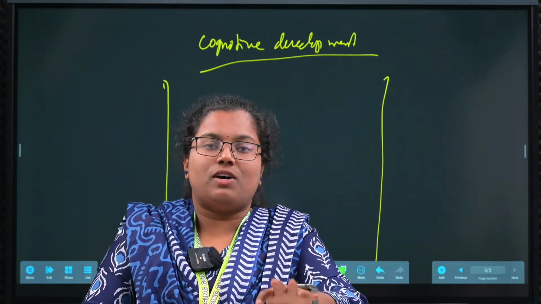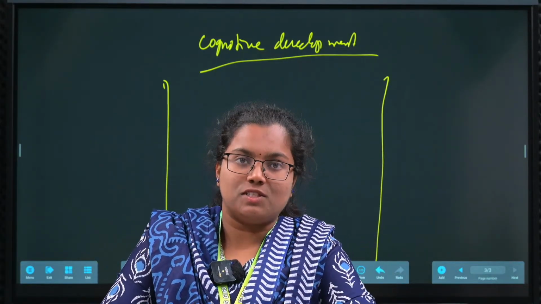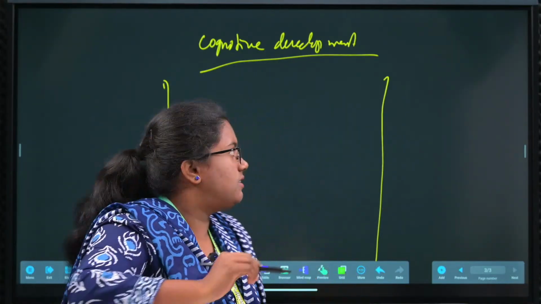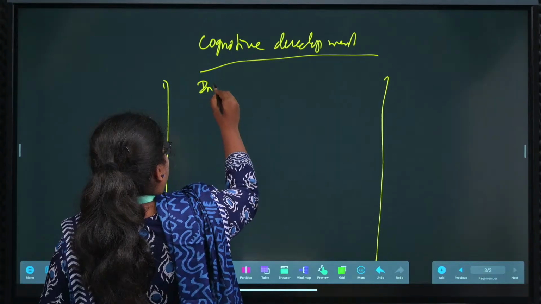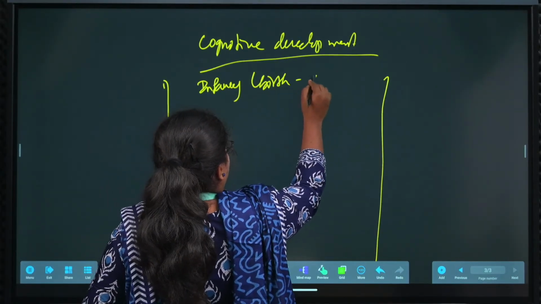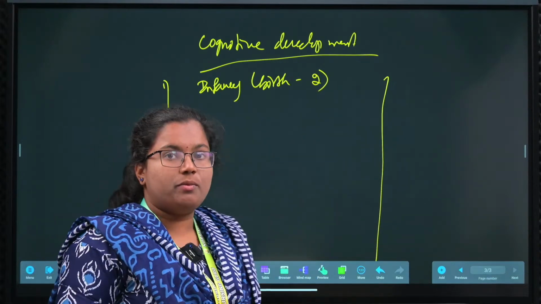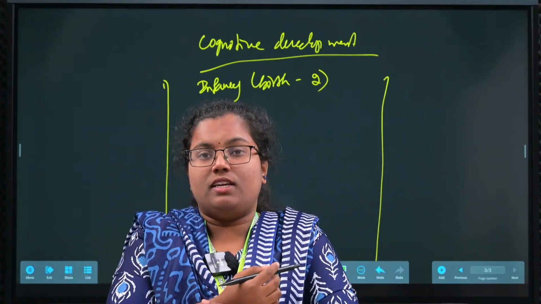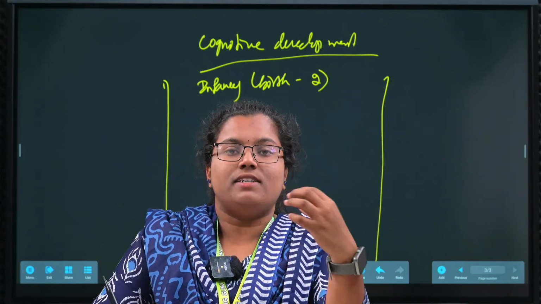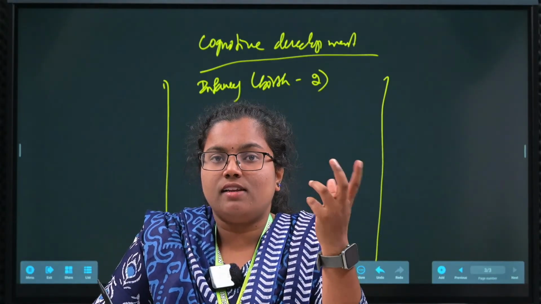In this, the first one is infancy, from birth till 2 years. This duration we call infancy, from birth to 2 years. In this duration, the child's sensory motor skills will develop.